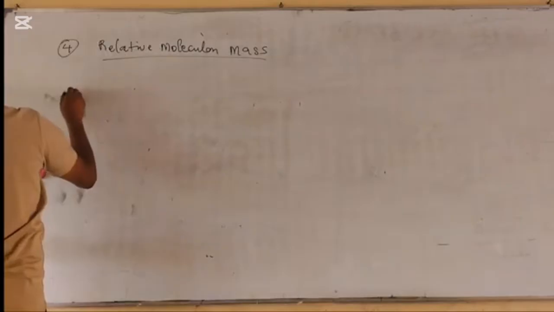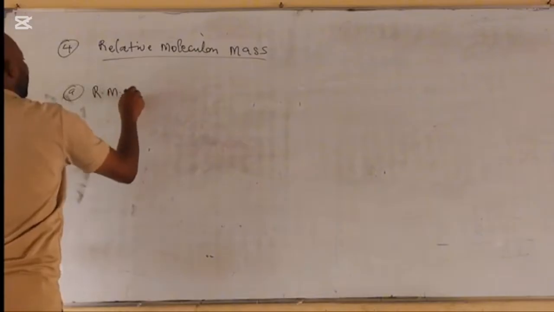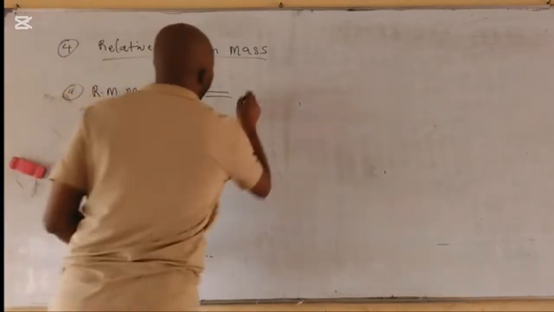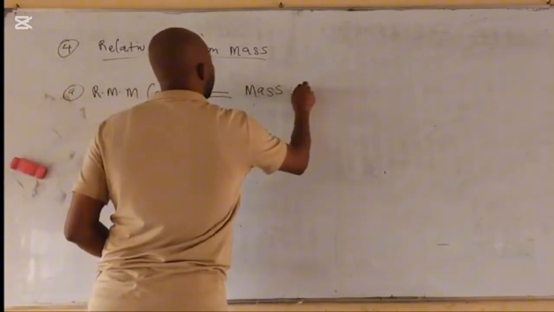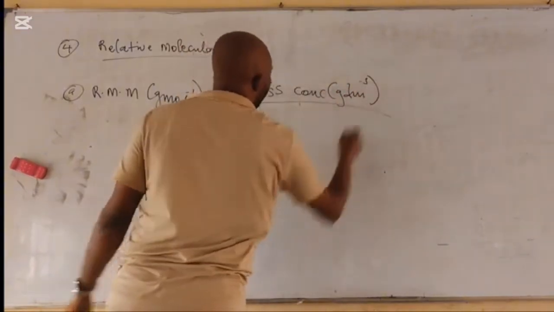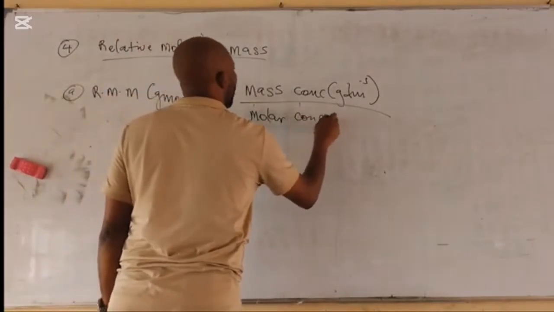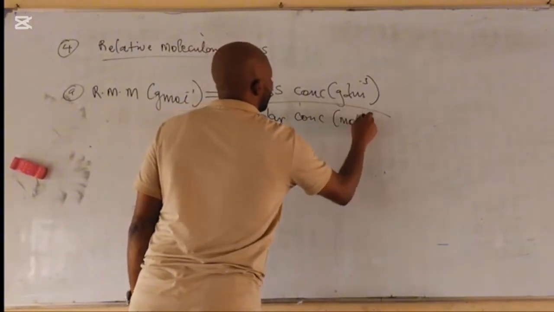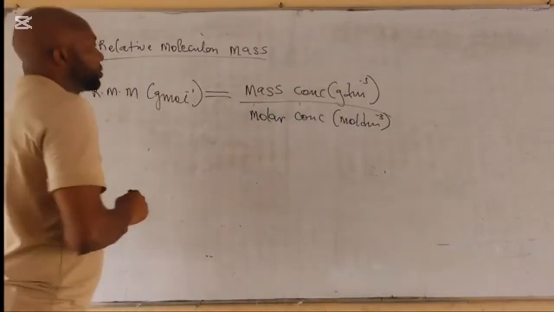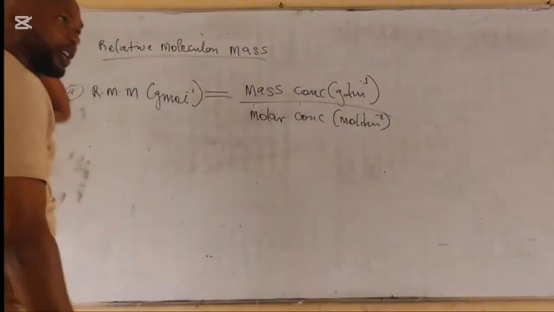A, relative molecular mass in g per mole is equal to mass concentration in g per dm cube over molar concentration in mole per dm cube. So dm cube will go, and this is g per mole. That's our first formula.